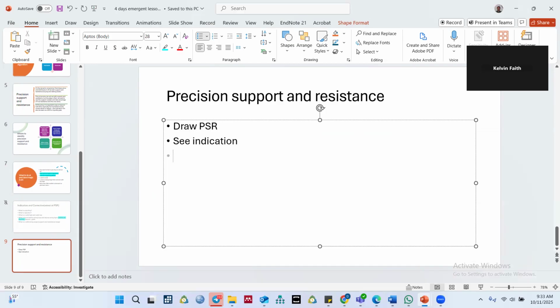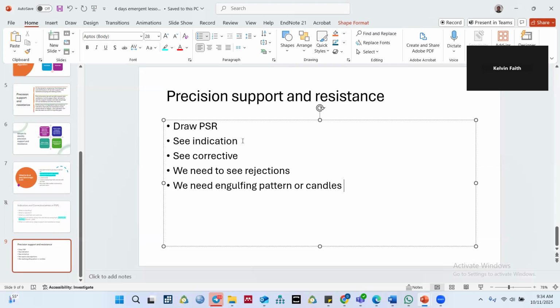Three, we need to see corrective moves. Four, we need to see rejections. Five, we need to see engulfing patterns or candles.